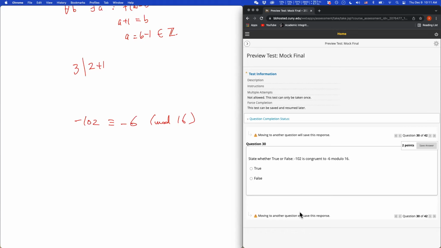So you check the difference between negative 102 and negative 6, and that will give you negative 96.